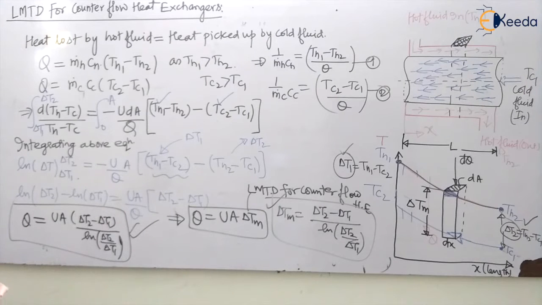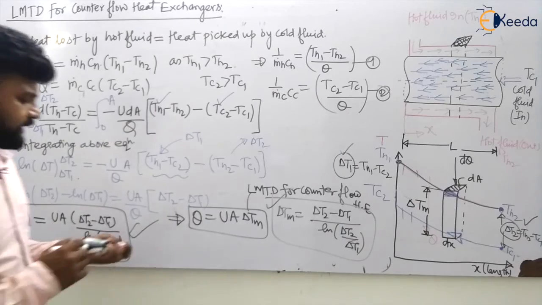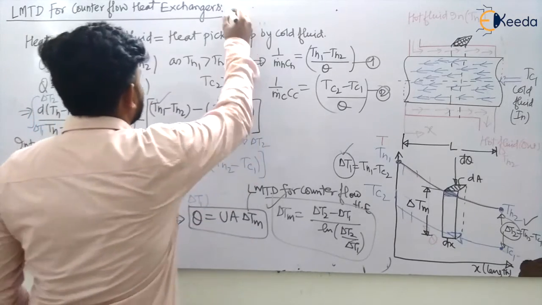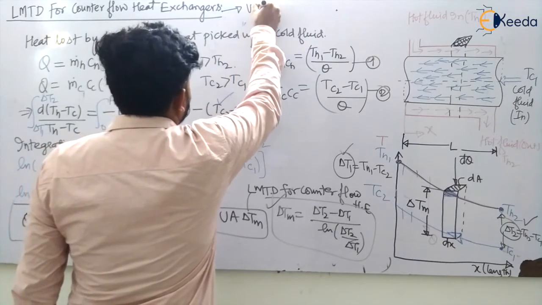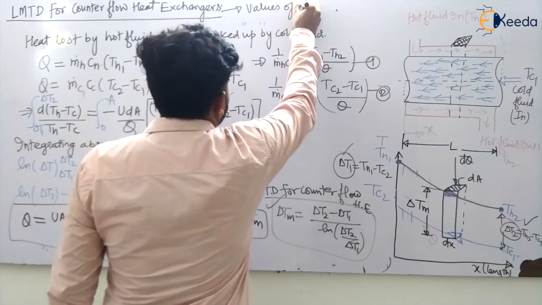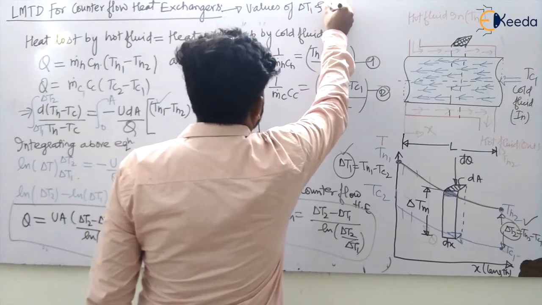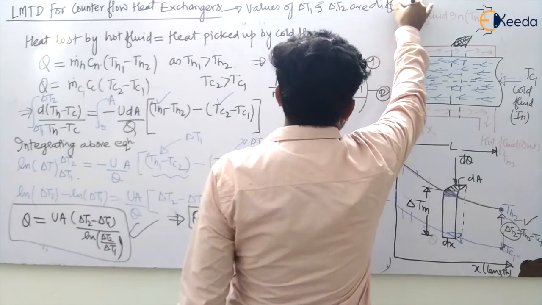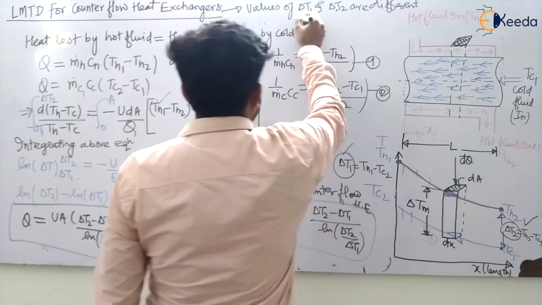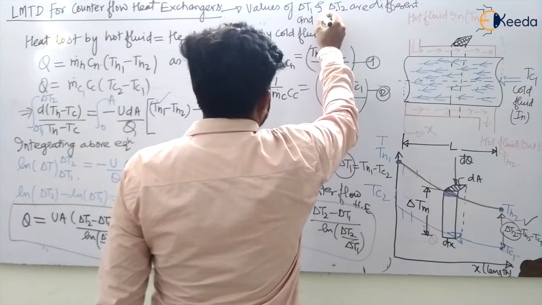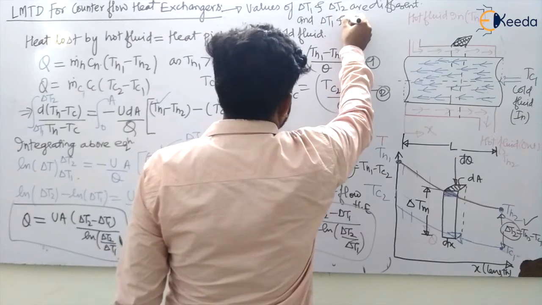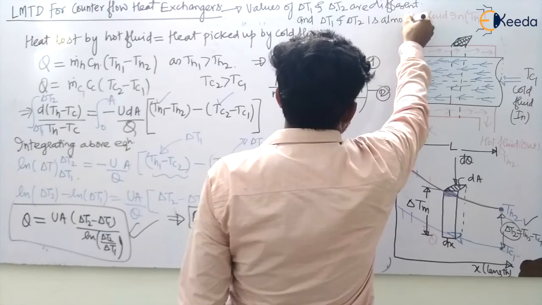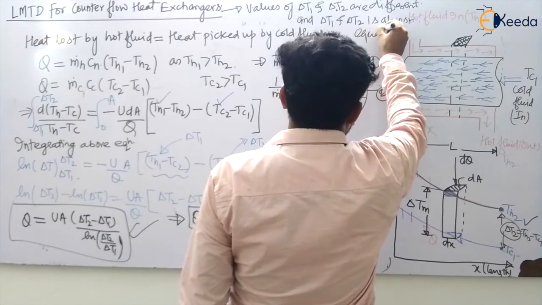In this case, the values of delta T1 and delta T2 are different, and delta T1 and delta T2 can be almost equal.